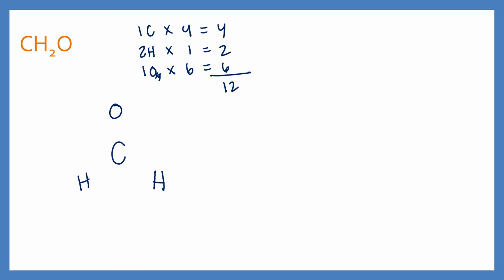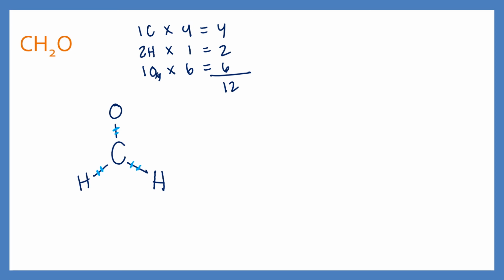The next step is to connect everything with a single bond. Now let's count up how many electrons we've used and see if we've used everything. We've used 2, 4, 6 electrons. And the next thing that we have to consider is, does everything have an octet? Except for hydrogen. Hydrogen doesn't need one.